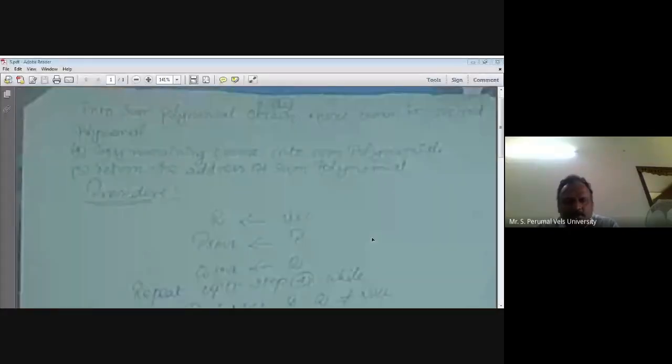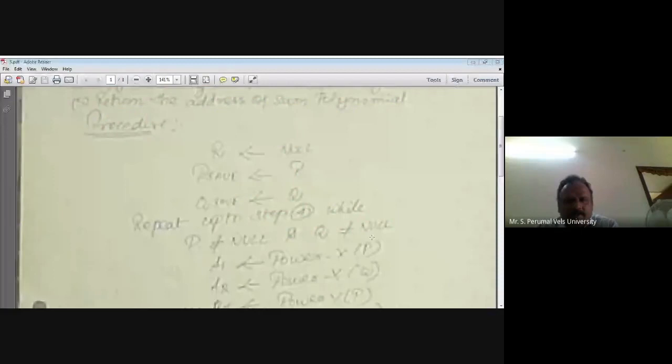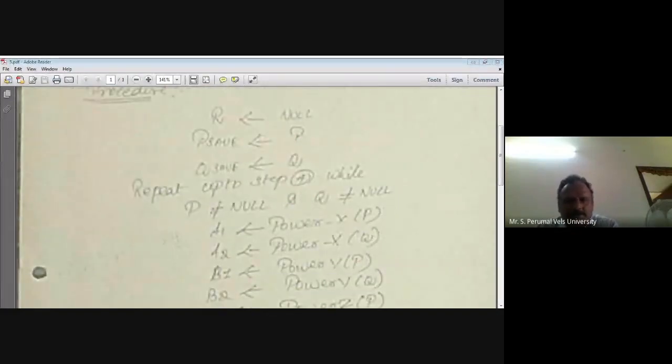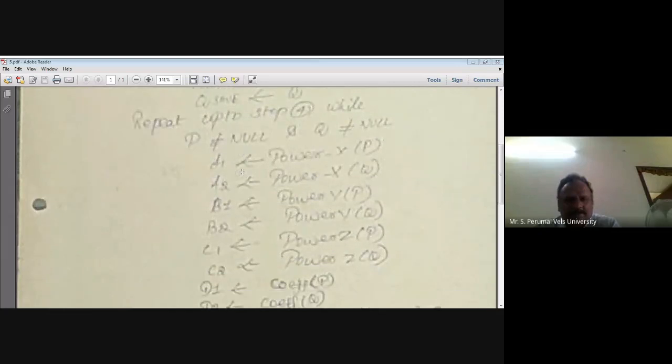This procedure helps to solve the problem. R is replaced with null. P save, Q save. All these are the terms that are used for the process.